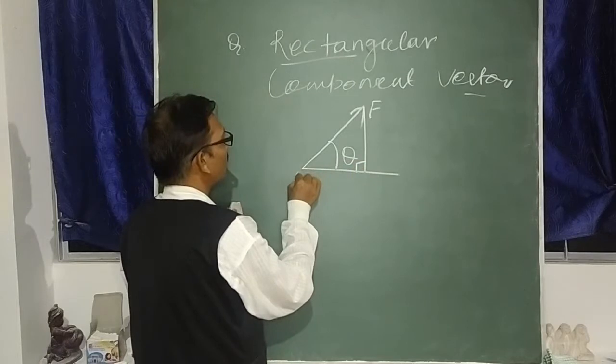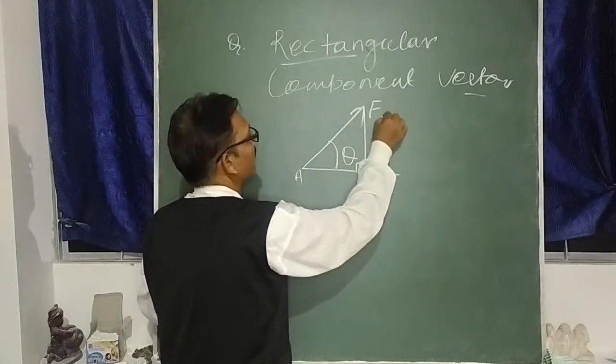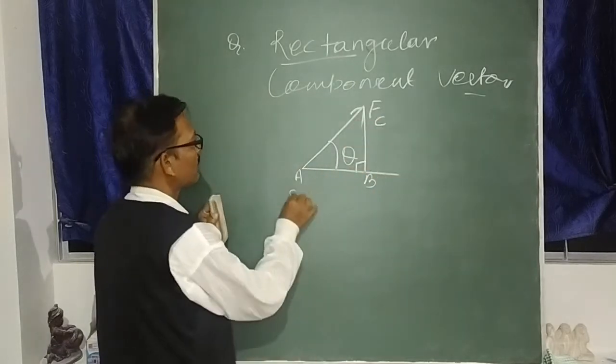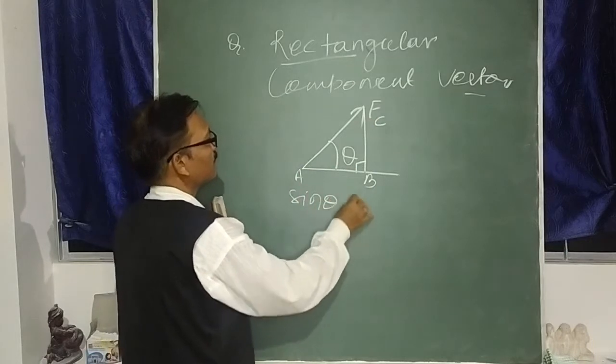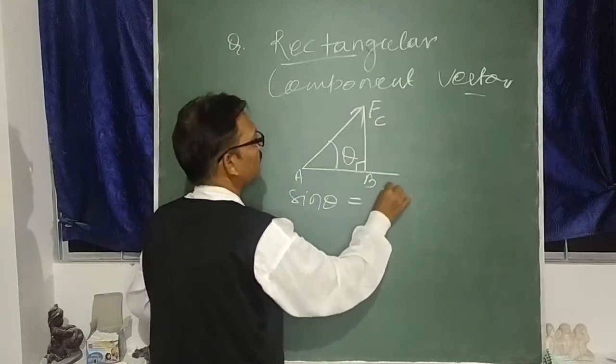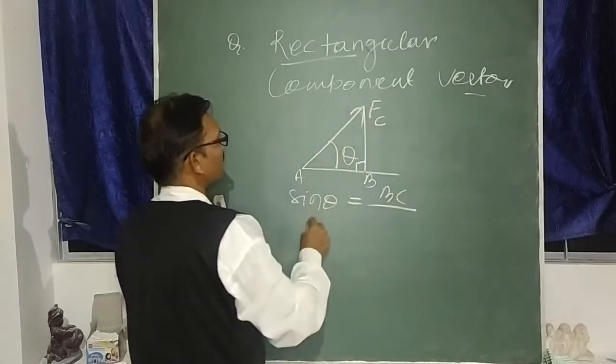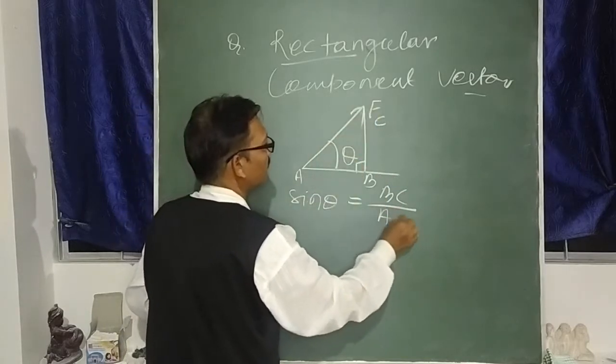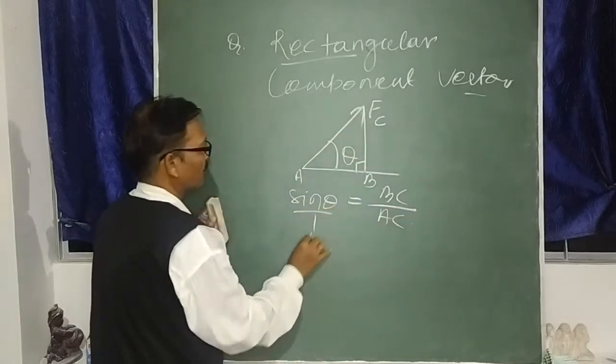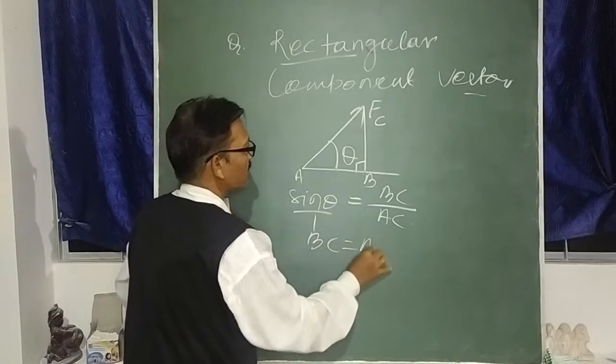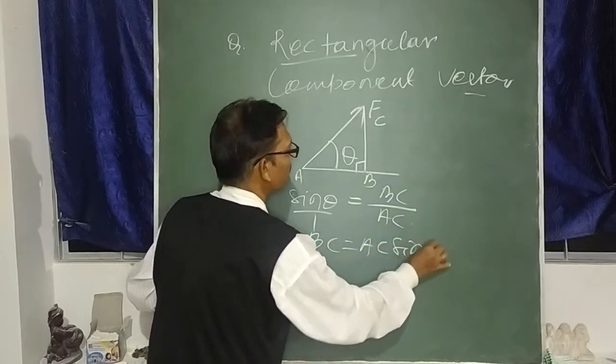You know this is A, B, C. Sin theta is equal to opposite by hypotenuse. Hypotenuse is equal to AC, or BC is equal to AC sin theta.